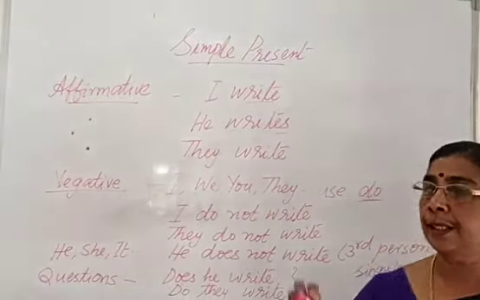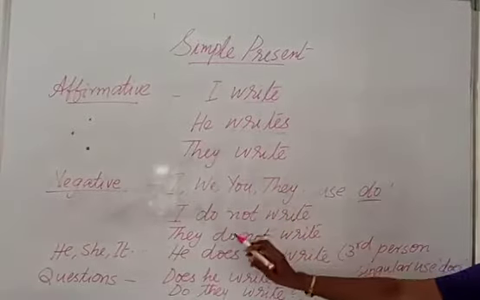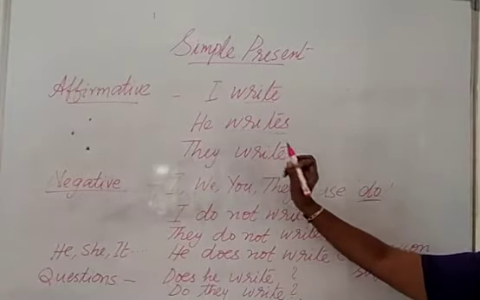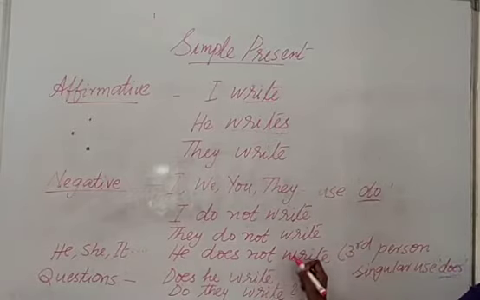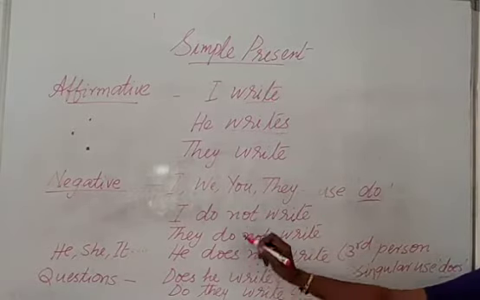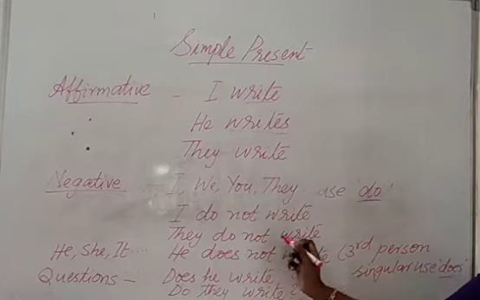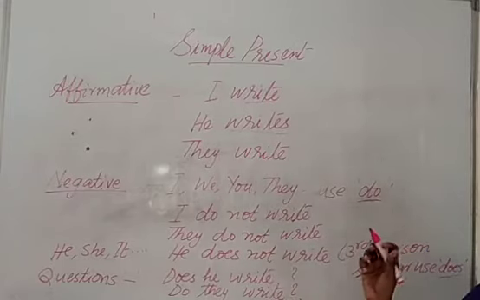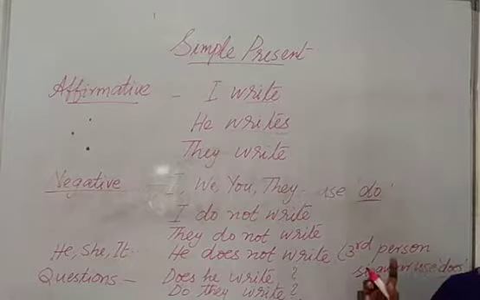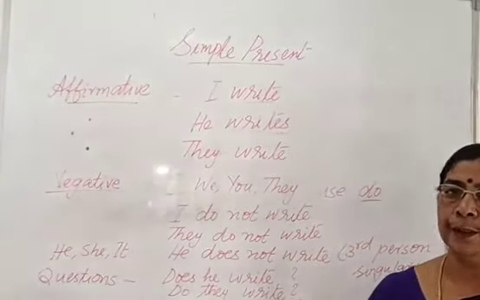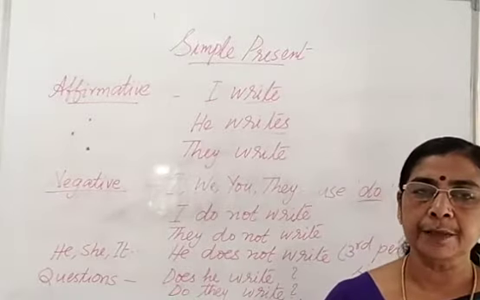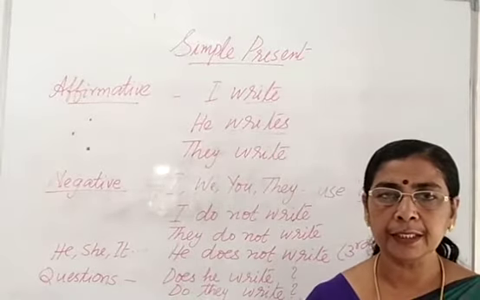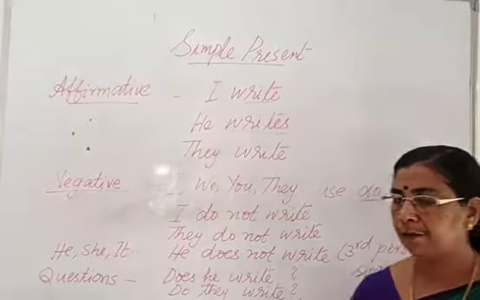Okay, so you can see here, I write, I do not write. He writes, he does not write. Not he do not write. And then they write, they do not write. Okay, now to make questions, you already know that when we use auxiliary verbs in a statement, we can invert and make it into a question.